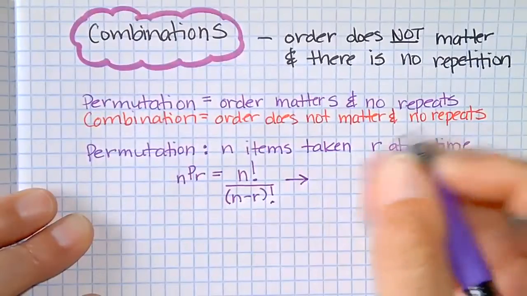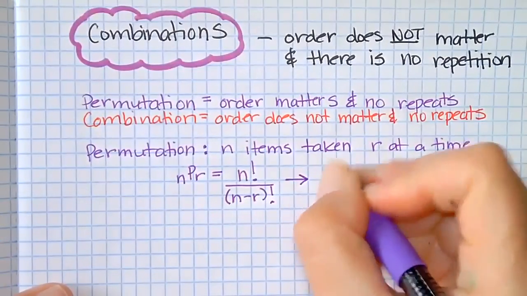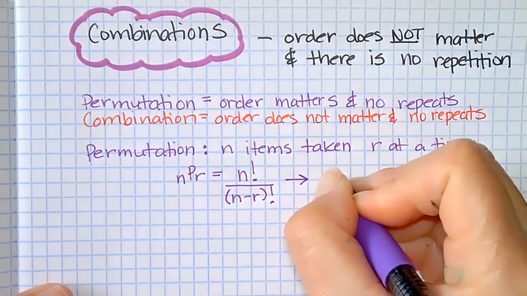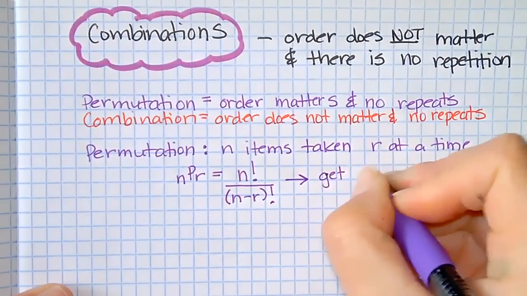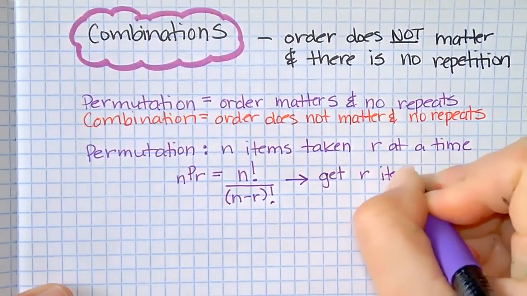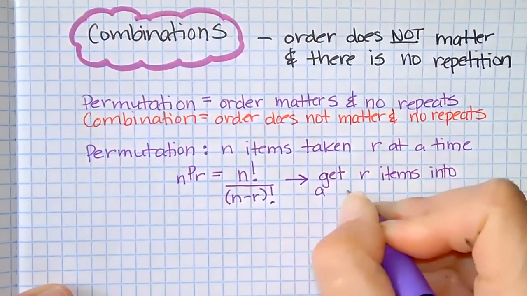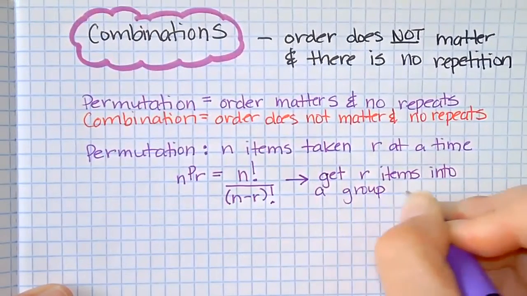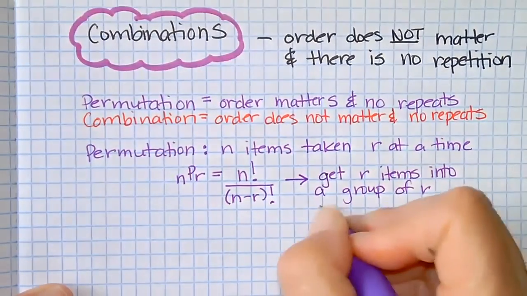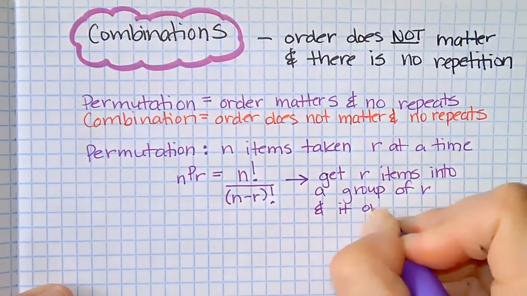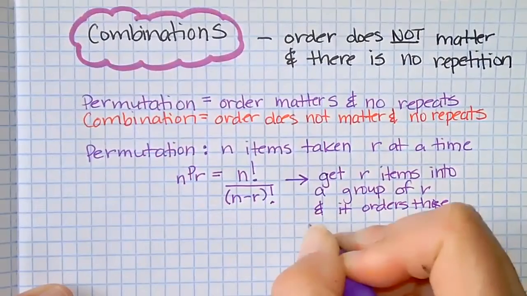And just so you understand, this does two things. What it does is it gets our items into a group of r, and it orders those r items.